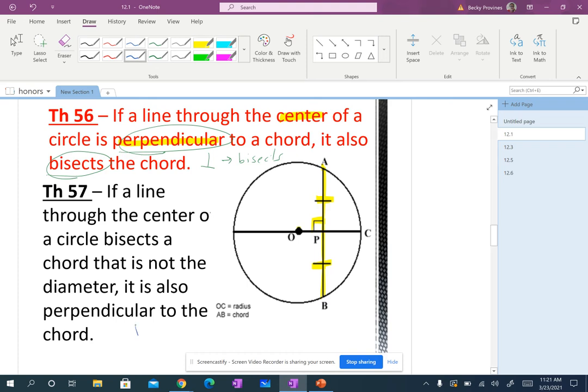So this one says if it bisects, then it is perpendicular. So that's the difference. Here, I'll circle these keywords. So on your theorem sheet, I would circle those keywords or even put this shorthand on your theorem sheet to help you realize what's happening, because one is the converse of the other.